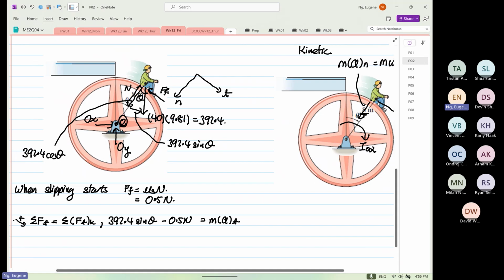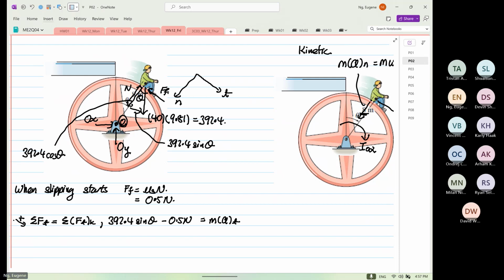I need a question. I want you to look at this equation, the free body diagram. I need a question. Yeah, whatever you think. This is before it slips.